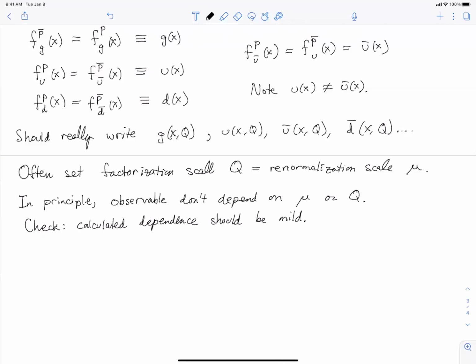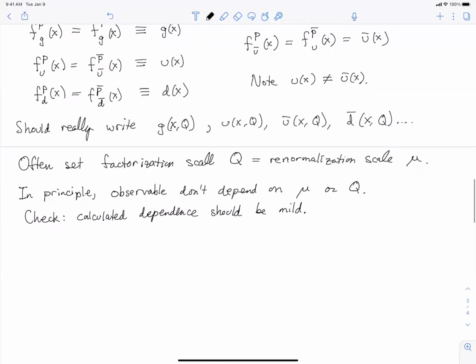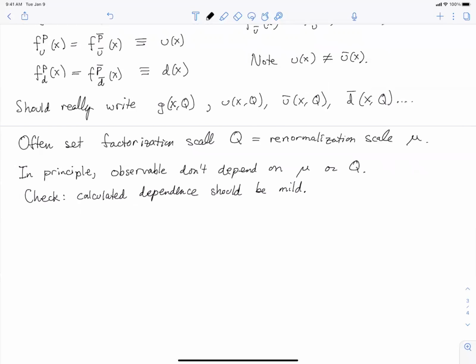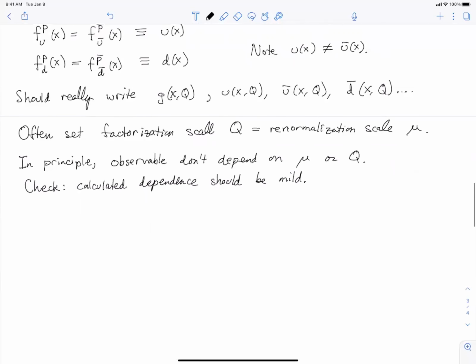If it's not mild, then that's usually a sign that you haven't calculated enough terms in perturbation theory, or a sign that perturbation theory is just not converging. Any questions so far on parton distribution functions, how they're defined?